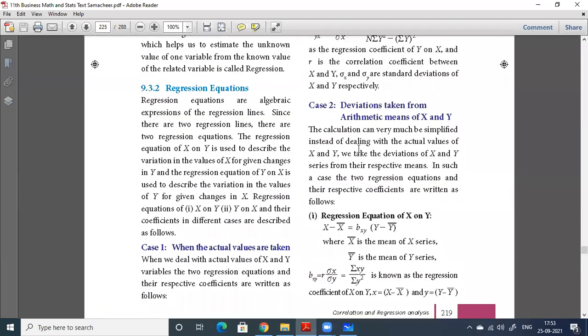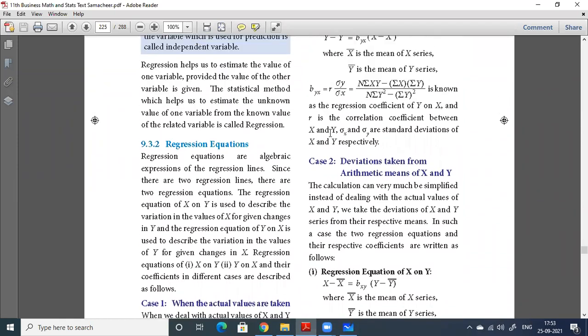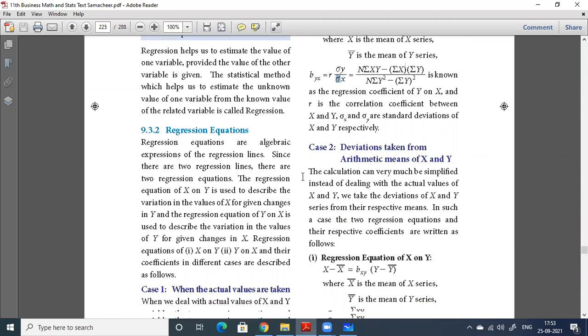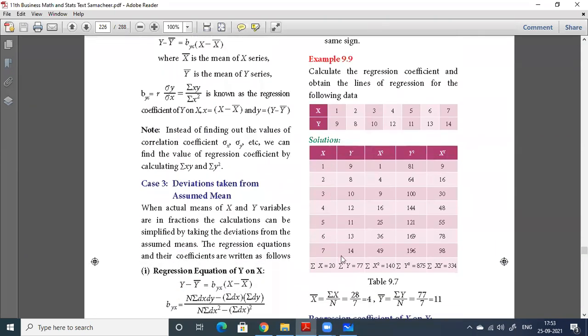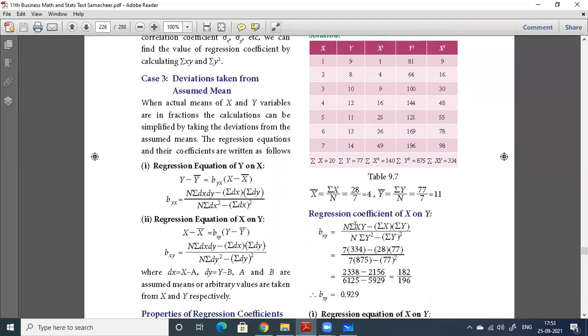I checked it in the book. Yeah, you checked in the book. You see, b of y of x equal to r into sigma y by sigma x. This one is the standard deviation of y, this one is the standard deviation of x. That is where you are coming from. So that is very simple.